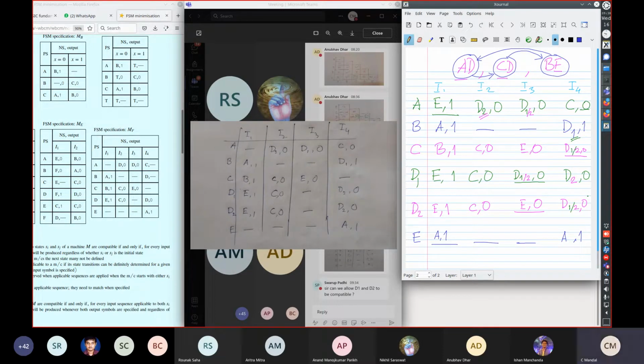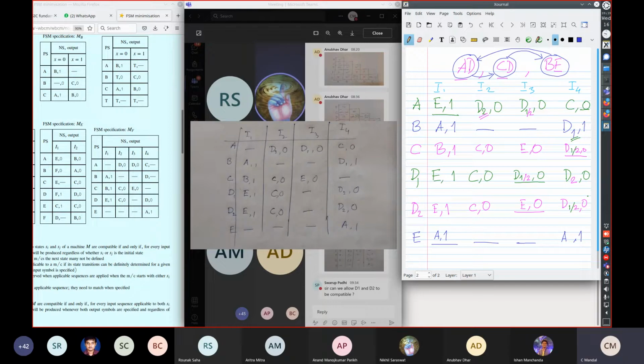Okay. So this is an important step because, as you can see, if you do state splitting, you are able to bring it down to 3 states, whereas if you don't resort to state splitting, you're left with 4 states. All right.